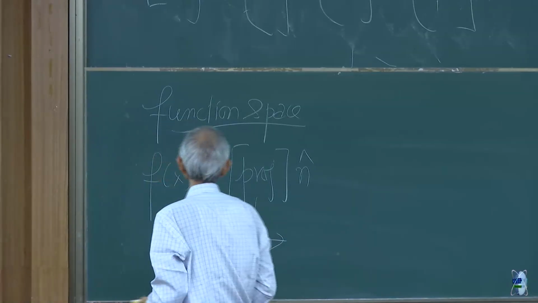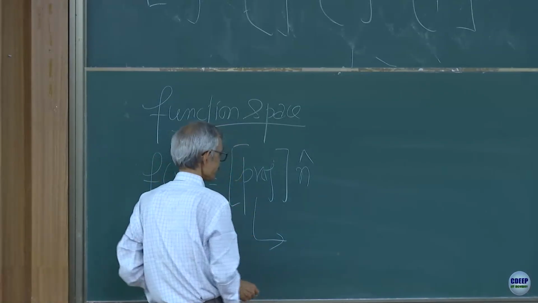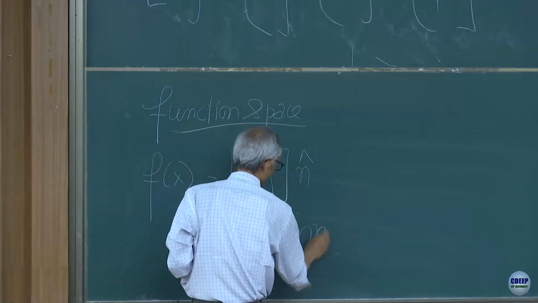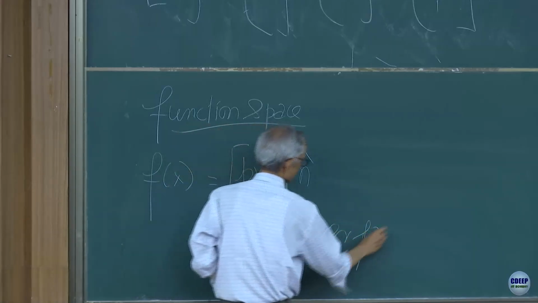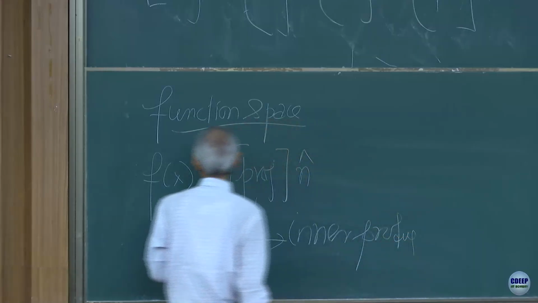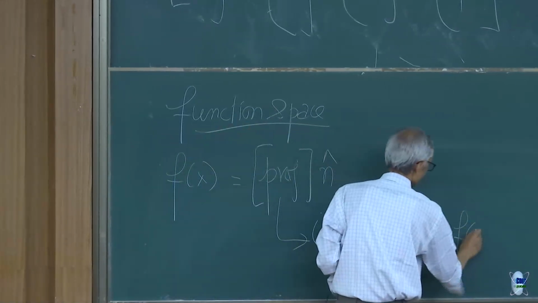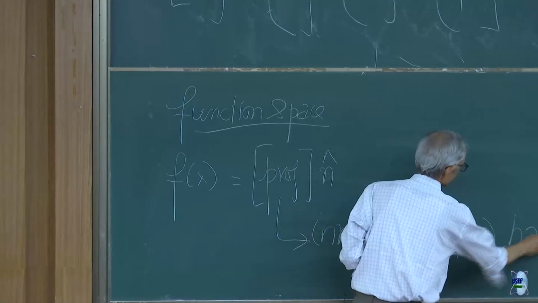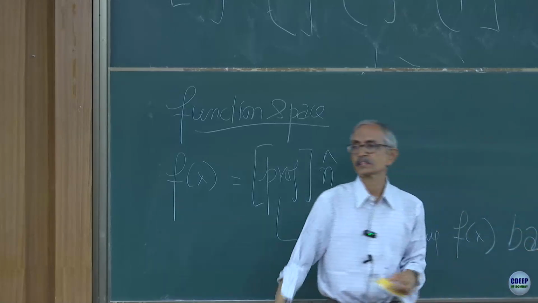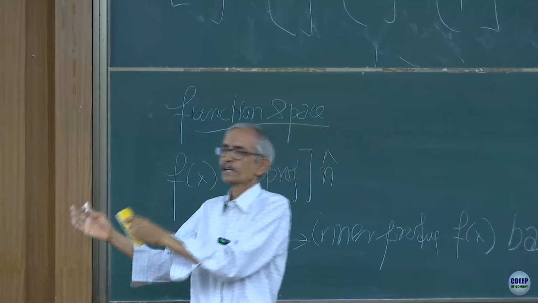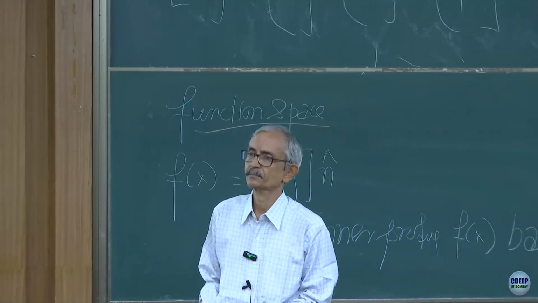So now we say that the projection is going to be the inner product of this function f with a basis function. Just a parallel definition that we are using.